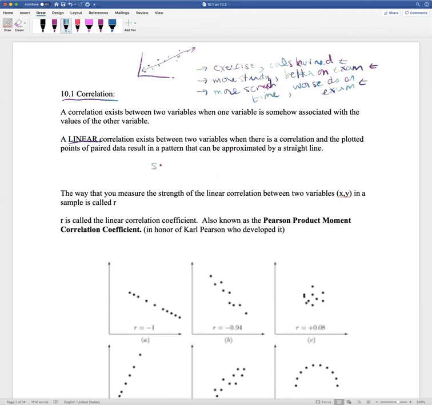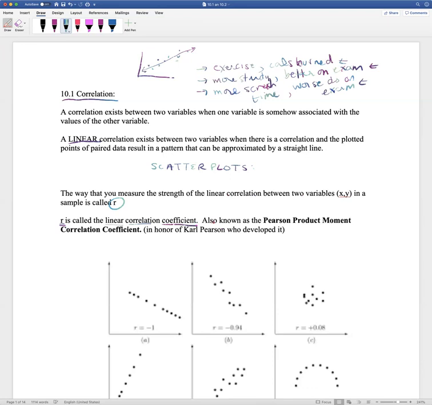Now, we talked about this at the beginning of the semester, and you may remember when we talked about scatter plots. We're going to review this notion of scatter plots here. The way that we measure the strength of the linear correlation between two variables in a sample is known as R. So R is what we call the linear correlation coefficient.